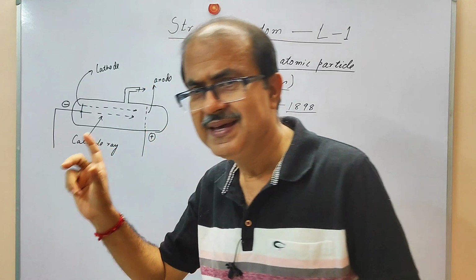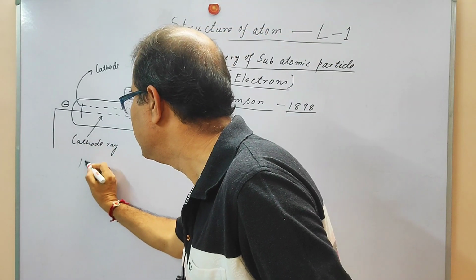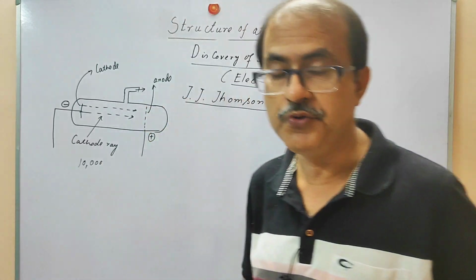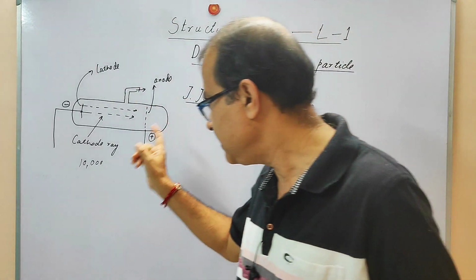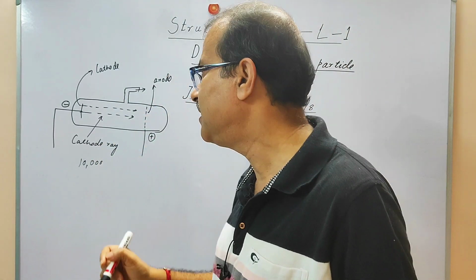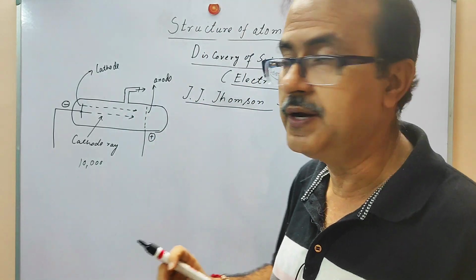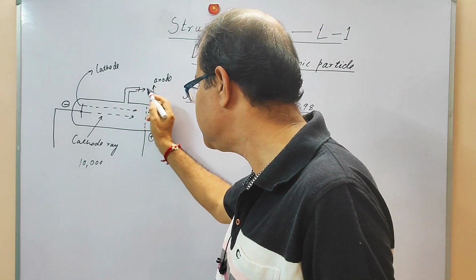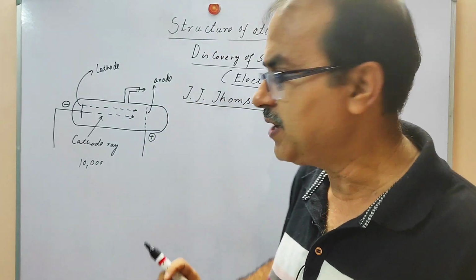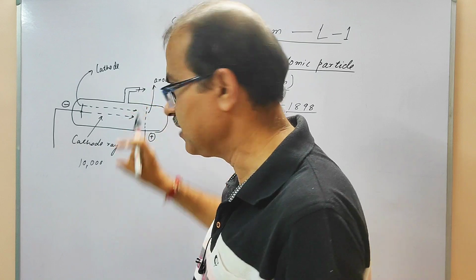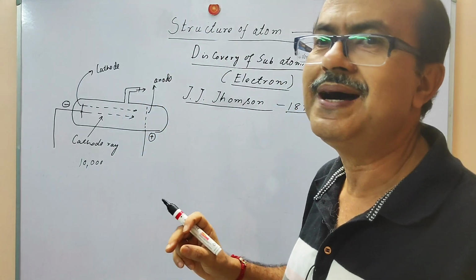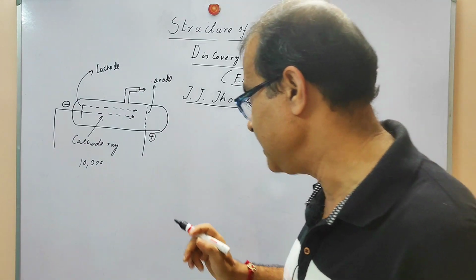When we apply a very high potential difference of 10,000 volts between the cathode and anode, there is a pressure of the gas inside the tube that we can regulate and control by using this evacuating tap. In this arrangement, you can evacuate the cathode discharge tube gas and monitor and control the pressure inside.